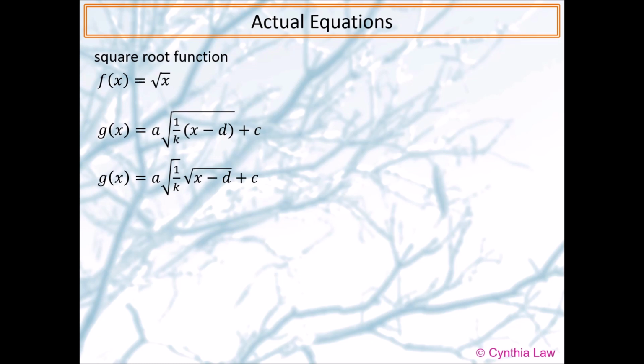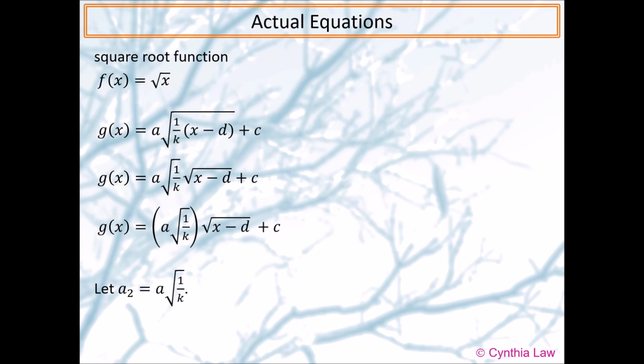Now, if I try to rewrite this, I can separate 1 over k from x minus d and write two square root symbols. Okay, I have two radicands here. And I can combine a with the square root of 1 over k.